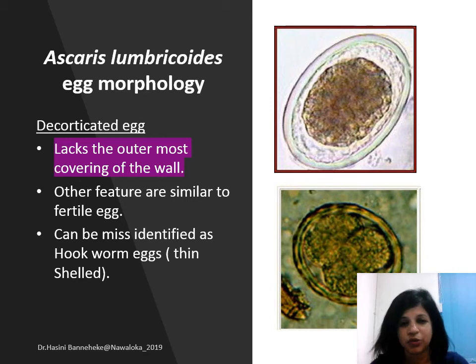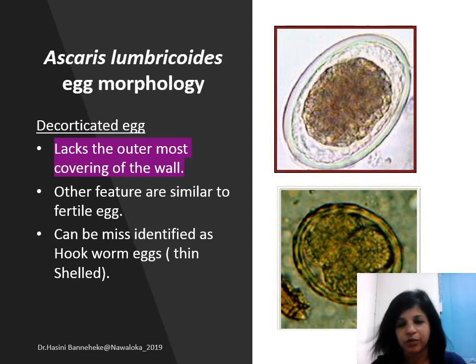So what I showed you was an Ascaris lumbricoides decorticated egg. That means it's a fertilized egg where the outermost mammillated layer is sloughed off. If you look at the two images that I have given you, the first one is from a normal saline smear, the second one is from an iodine smear.